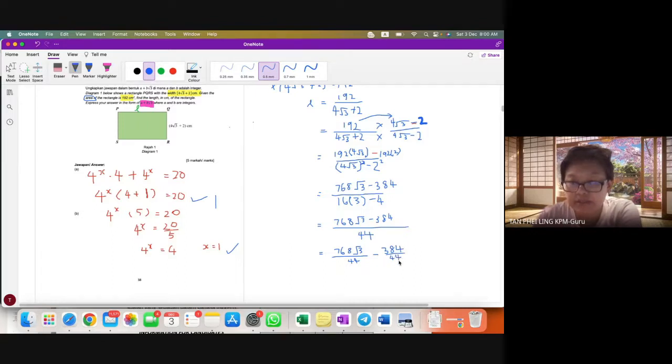So remember, a plus b square root 3. You need to have that. Let me use green color for all the small notes. You need to be in this form: a plus b square root 3.